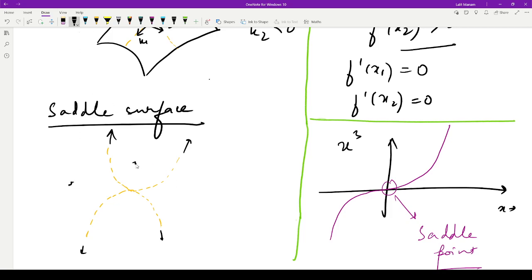So what can be done is I'm just trying to fix 4 points since it's maxima in this direction. I'll draw two curves like this, and it's increasing in these two directions. So I'll draw two curves like this, and given this, I'll just try to fix the other ones.